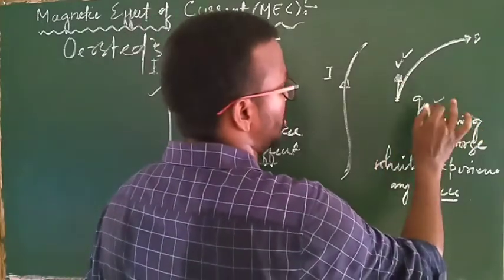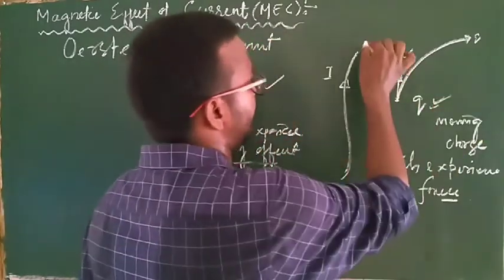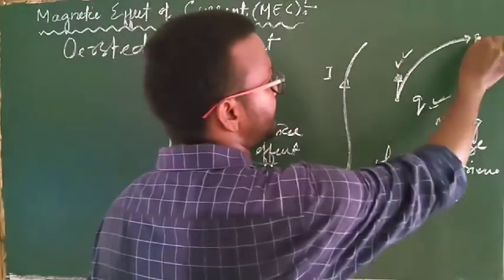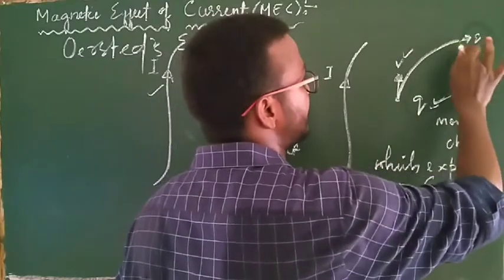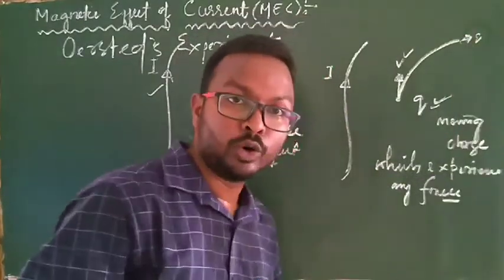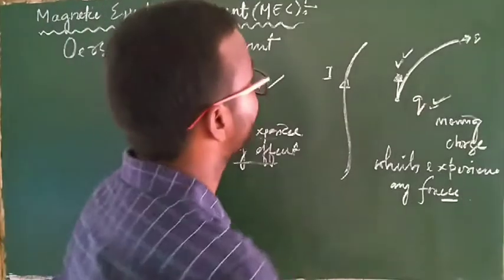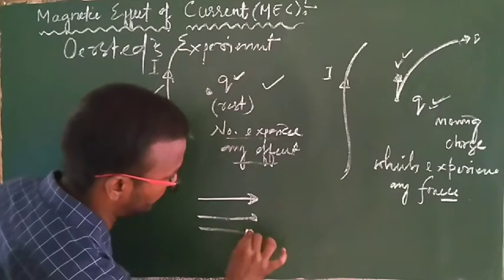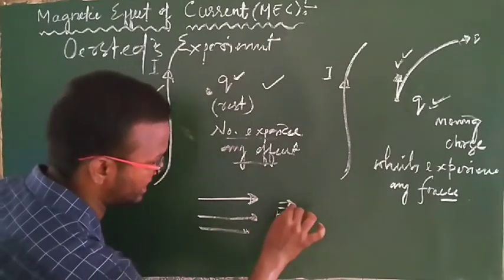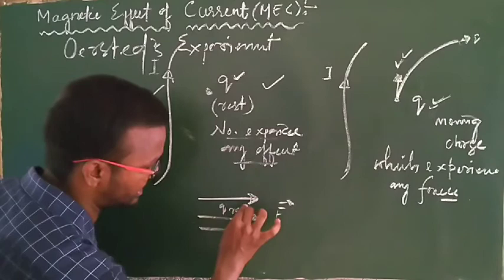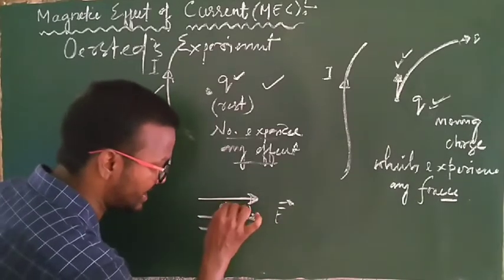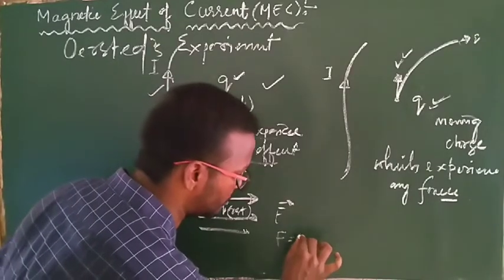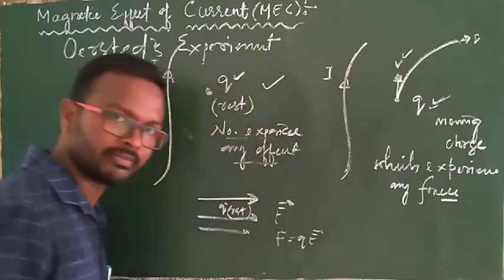That means due to the motion of a charge particle near a current carrying wire, the charge particle experiences one type of force which is not electrostatic force. Suppose this is the direction of the electric field, and if we place a charge particle Q which is at rest inside the electric field, then this charge particle experiences a force, and that force is known as F equals Q into E. Clear?